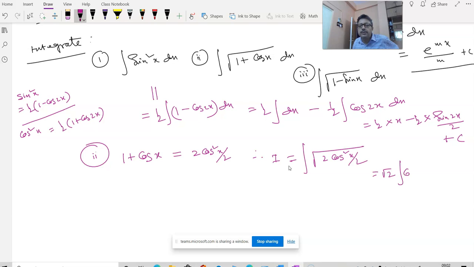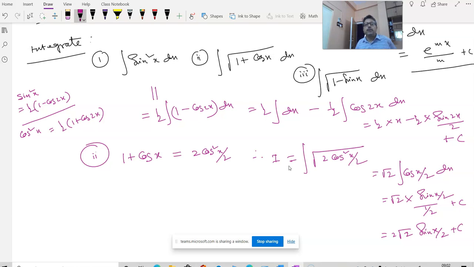Root 2 will come out. So there it will be sin x by 2 plus c. Root 2 sin x by 2 plus c.